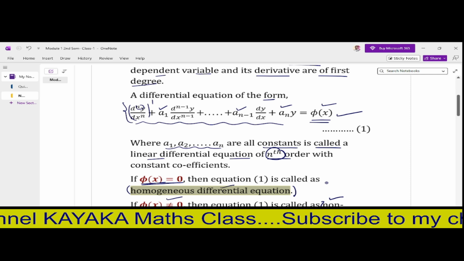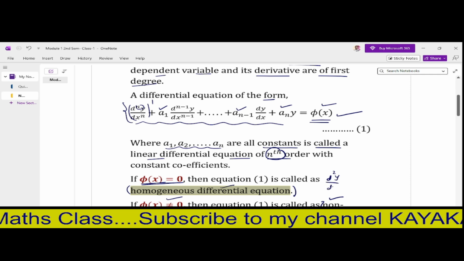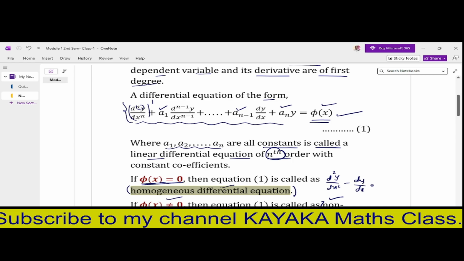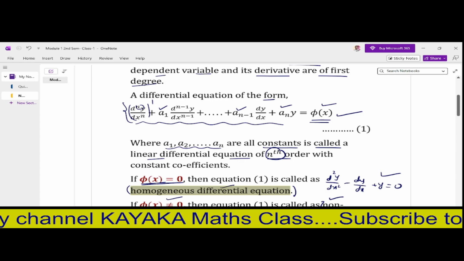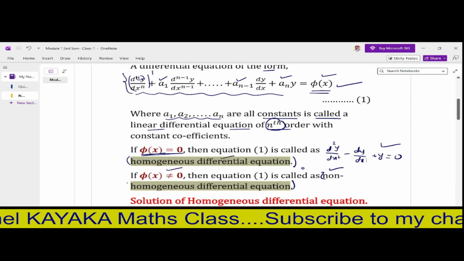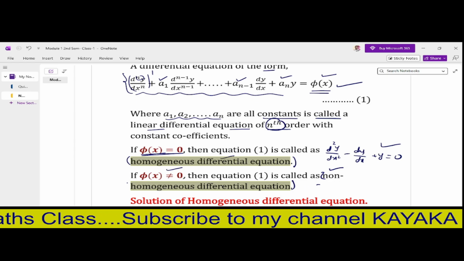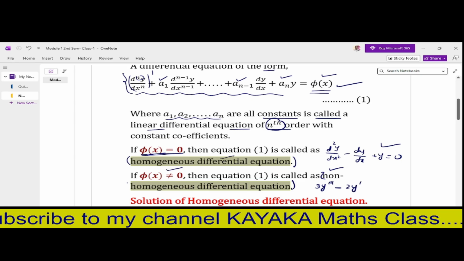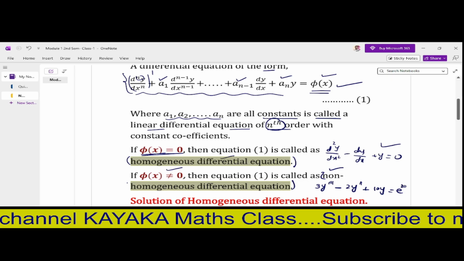For example, d square y by dx square minus dy by dx plus y is equal to 0. This is a homogeneous differential equation because the RHS value is 0. For non-homogeneous, you can write 3y triple dash minus 2y double dash plus 10y is equal to e raised to 2x.